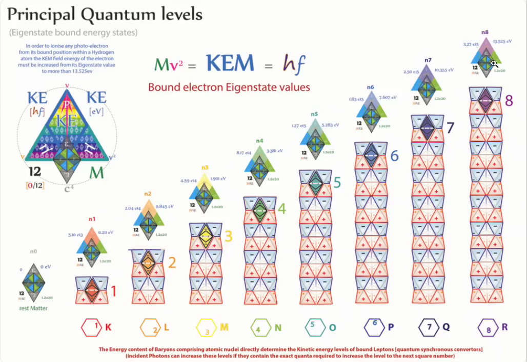It would have enough energy, or kinetic energies, to overcome the coulombic attraction of the proton in each of these energy states. And at that point, the angular momentum would cease being angular, and it would be a linear momentum, and the electron would fly away from the atomic nuclei.